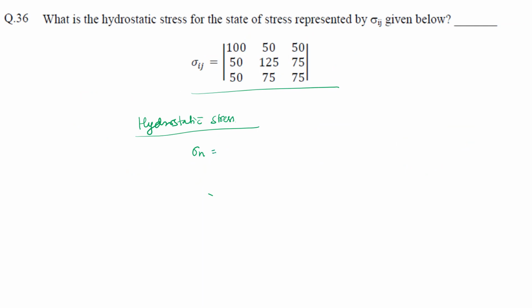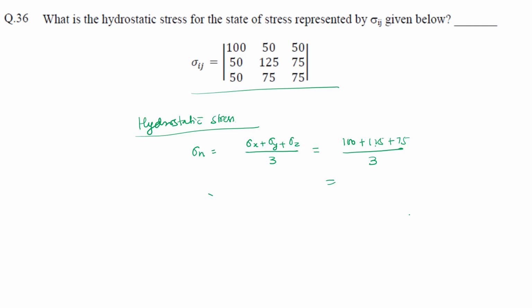Sigma hydrostatic is sigma x plus sigma y plus sigma z by 3. This is a simple formula, right? Now if you put sigma x, sigma y and sigma z over here, you can see 100 plus 125 plus 75 divided by 3.